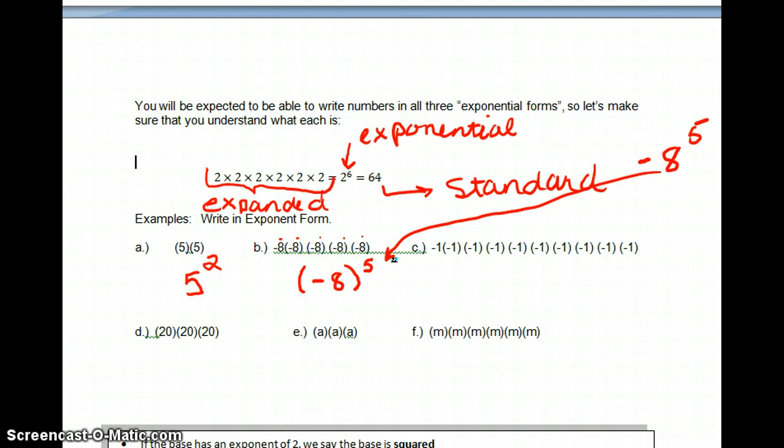They mean something completely different. Okay? So I do need you guys to make sure that if your base is negative, you are using parentheses.